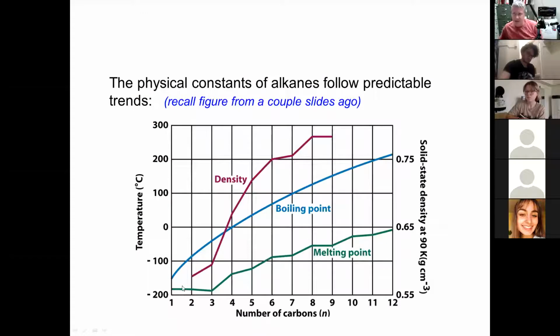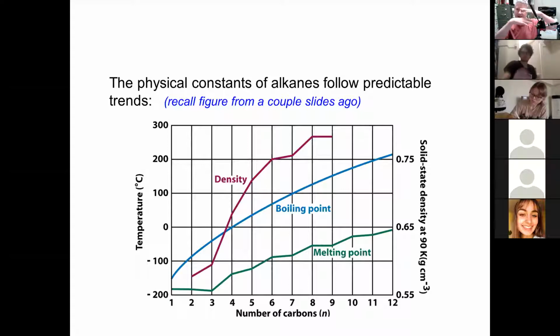Okay, and as you get longer and longer, so the x-axis is the number of carbons, the density starts increasing, the boiling point starts increasing, and the melting point starts increasing. So there's more and more interactions between the molecules. When two molecules start stacking on top of each other, you probably have heard about that in Gen Chem. London dispersion is one of these intermolecular forces.